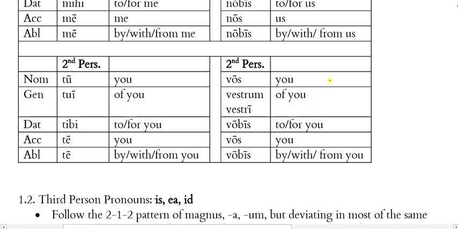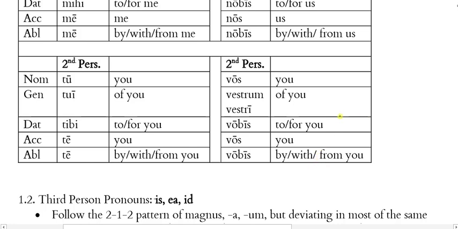And our plural forms of you, vos, you all, vestrum, vestri, genitive, we have of you for both of these. Remember, two genitive forms for these plural ones. Vobis, to or for you or y'all. Vos, accusative, you or y'all. And ablative vobis, by, with, or from you.